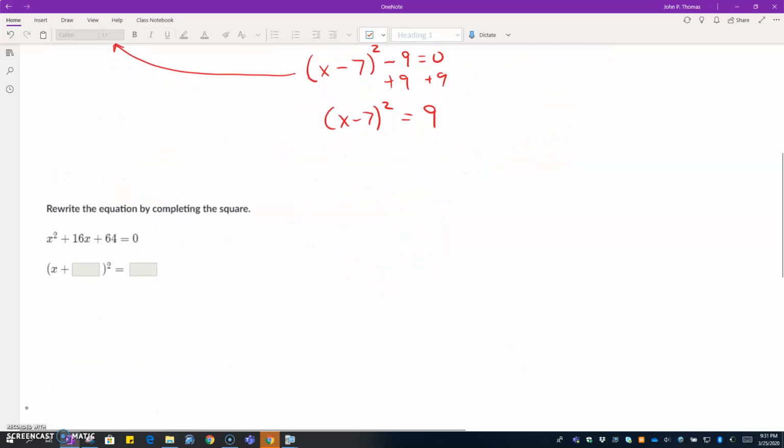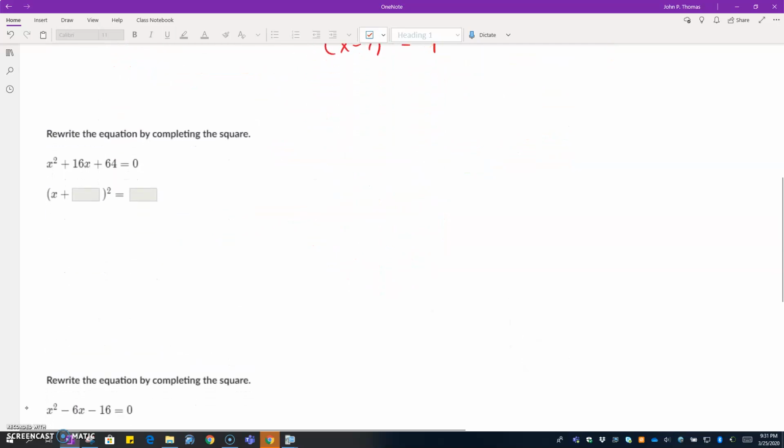All right, so that's a very typical type of problem, a standard example. Occasionally some weird things can happen, like what happens on the next one. If I look at the next one and follow the same strategy, x squared plus 16x plus blank minus blank plus 64 equals 0. Half of 16 is 8. 8 squared is 64. So I added 64, so I take away 64. All right, I'm going to factor this piece.